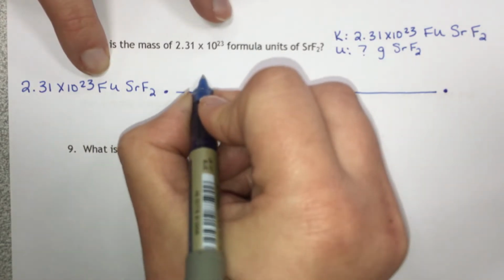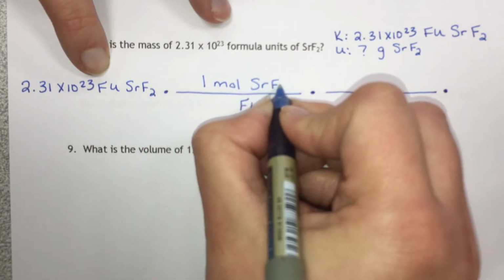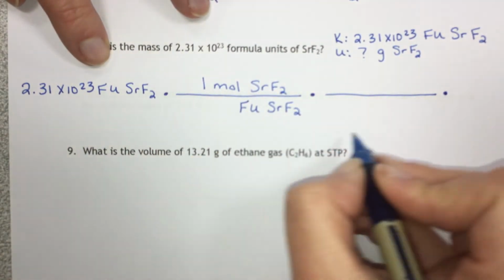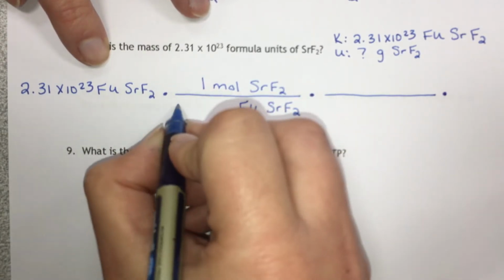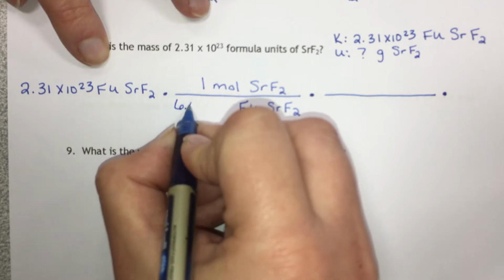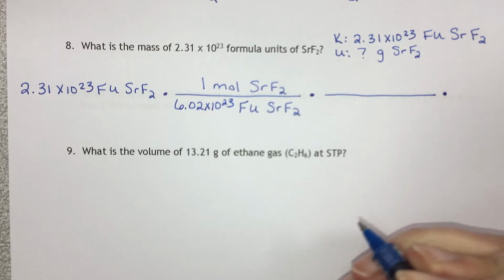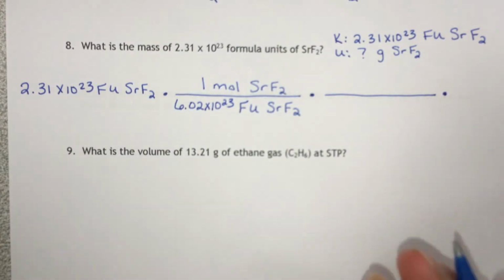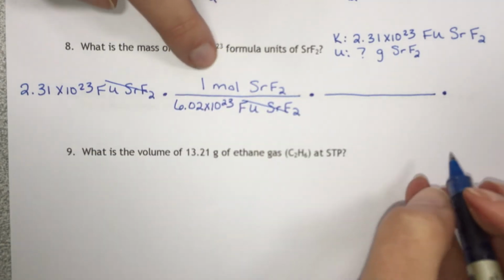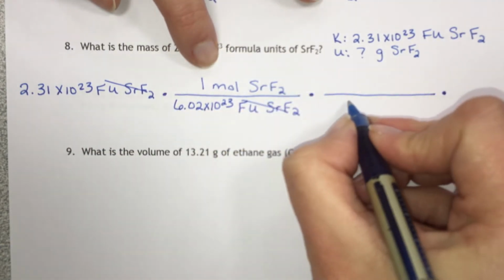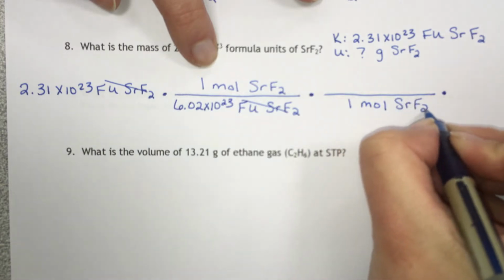And we need to convert to the mole, because that's kind of like the middleman: moles of SrF2. For every 1 mole of anything, you have 6.02 times 10 to the 23rd particles, or formula units, or atoms, or molecules, whatever we're talking about in the problem. These units cancel. Now whatever's up here must go here, so 1 mole of SrF2.